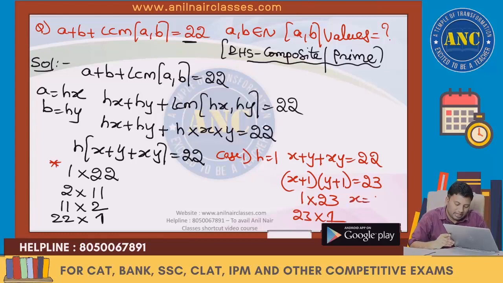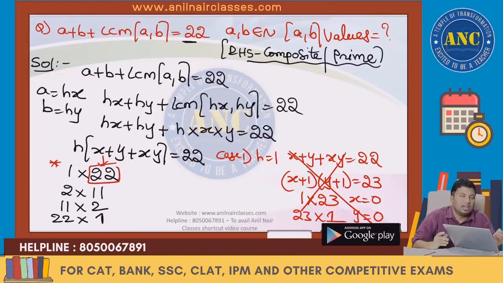It will make X value 0, and this will make Y value 0. This case is not possible. That means if X plus Y plus XY on adding 1 gives a prime number, I will not get the answer.